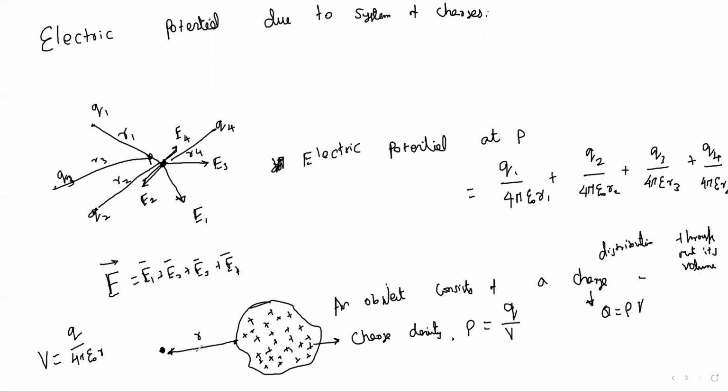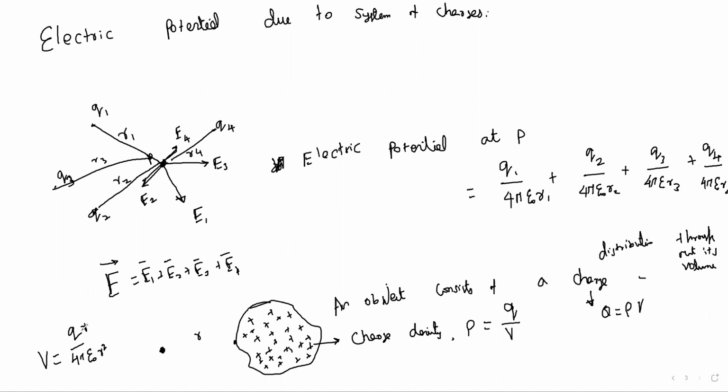We have to take the distance from this or this or this. So R can be taken from any point in the entire volume. So in that case, you just put R square here and multiply by R.